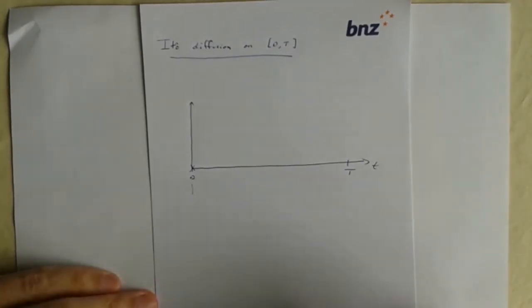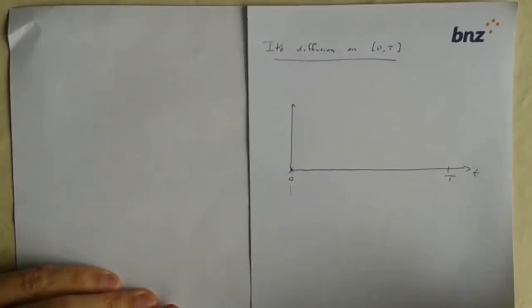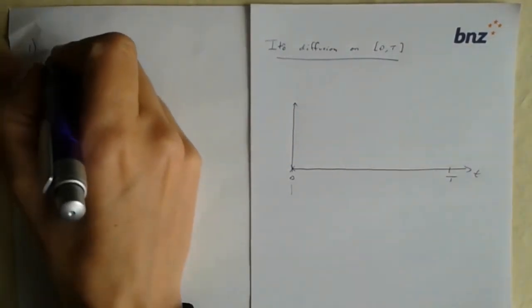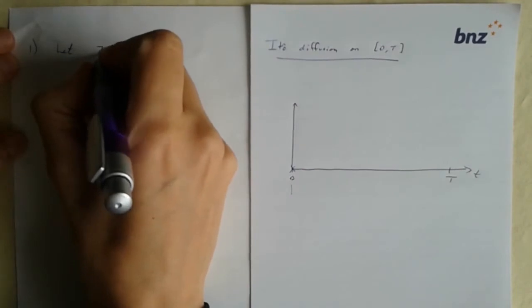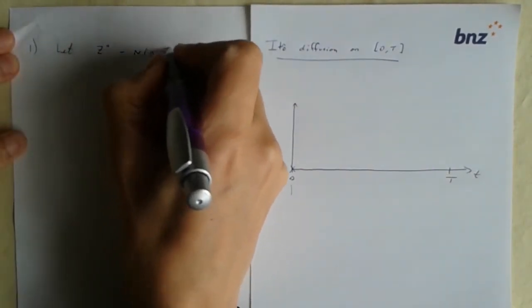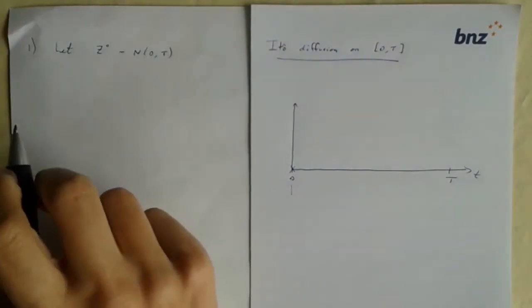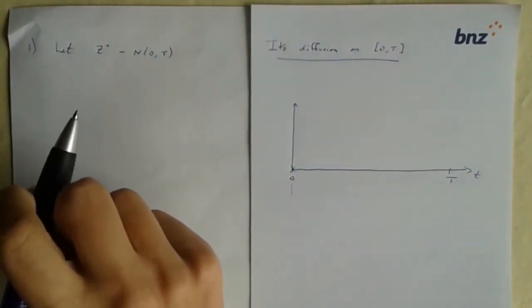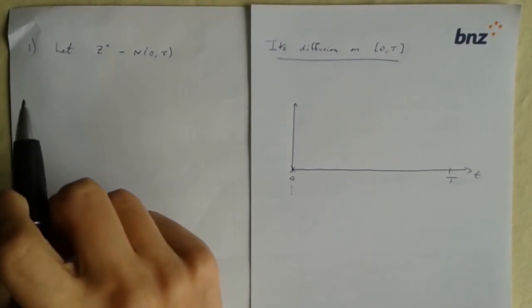Let there be a random variable z0 which has a normal distribution, mean 0 and variance t.